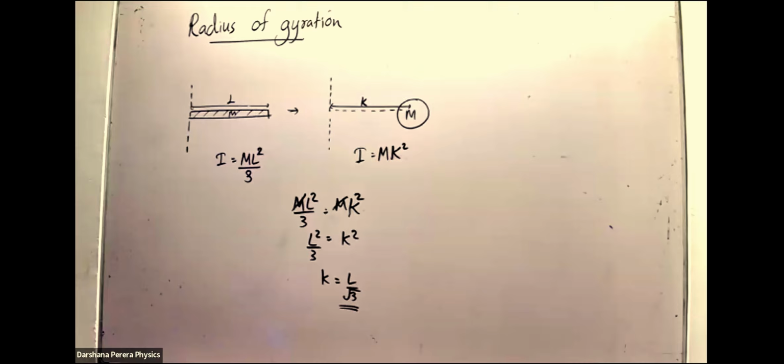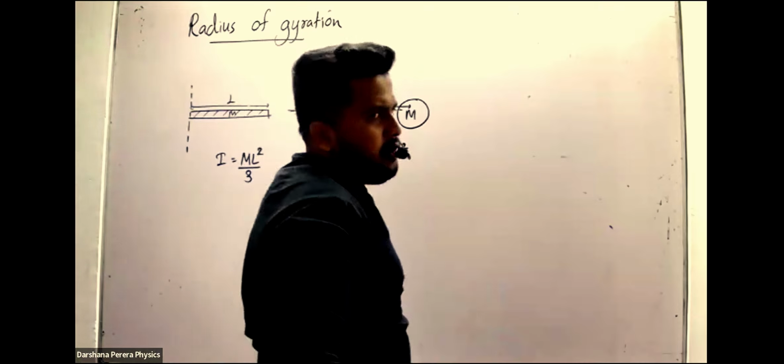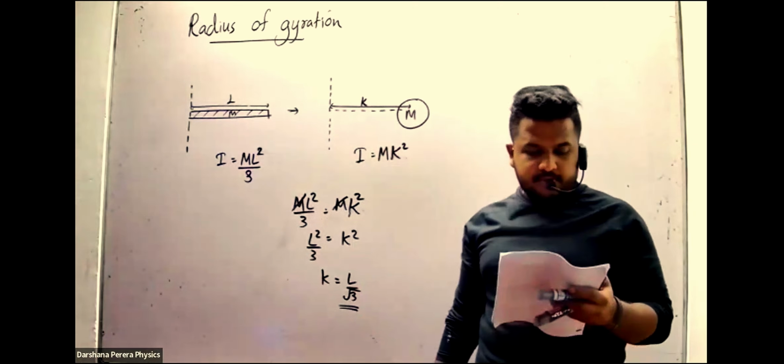The radius of gyration is represented by the symbol k.